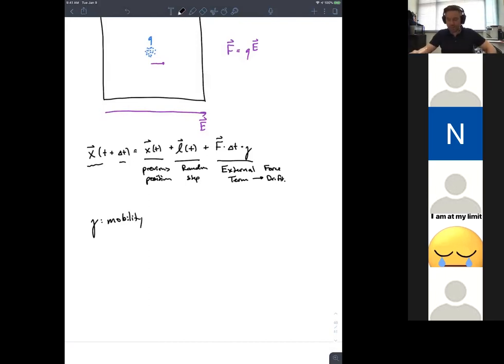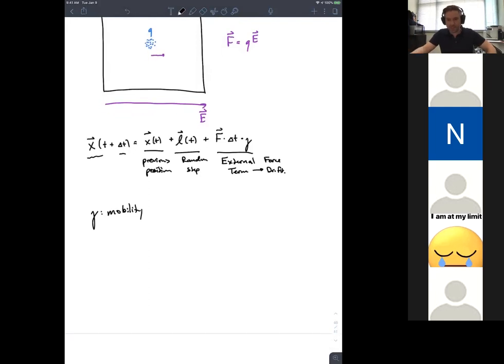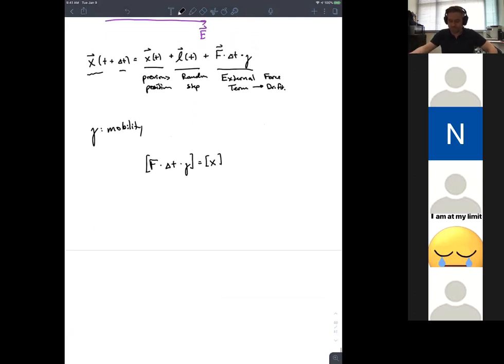We can determine what kind of units gamma has to have, because what we're doing is taking force times time times gamma, and that's giving us a position. If we look at the units of all these things, which I will indicate by drawing brackets around them, the units of force are kilogram meters per second squared.